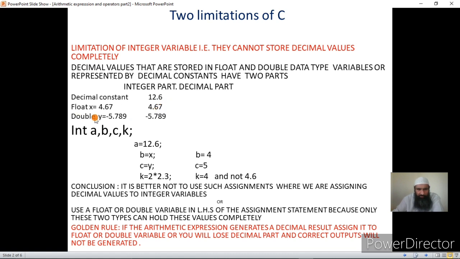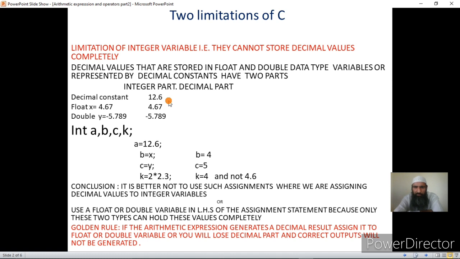Now if I have a double variable y that stores a negative decimal number, that is minus 5.789, then minus 5 will be called the integral part and the 0.789 part will be called the decimal part. These three are decimal values. So each decimal value has two parts: one before the dot symbol, that is the integer part, and one after the dot symbol, that is the decimal part.